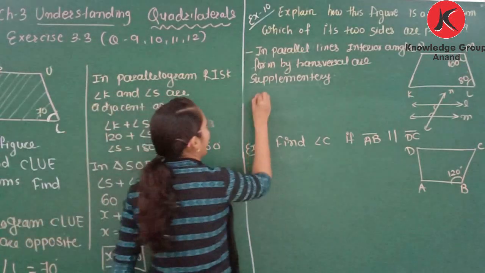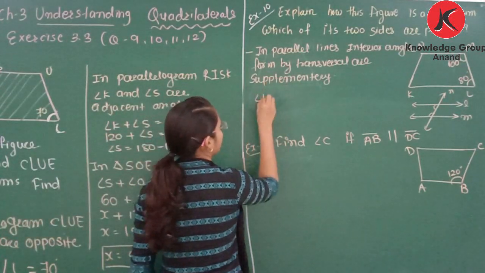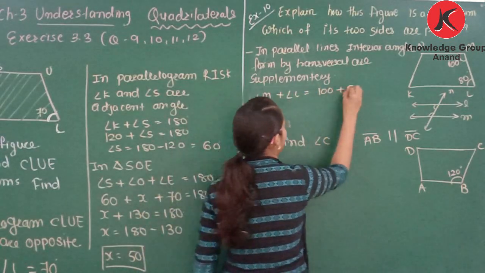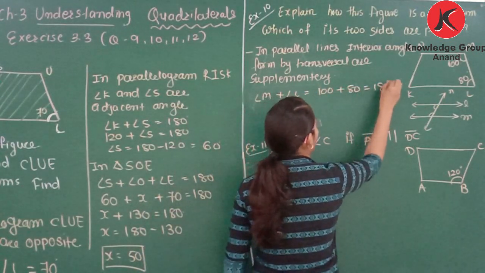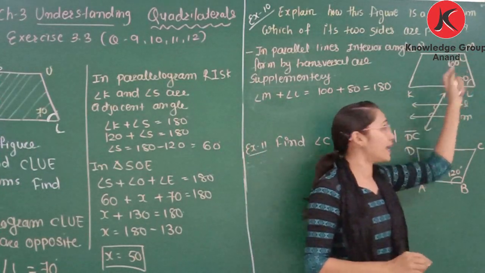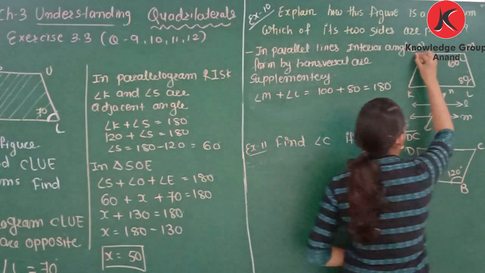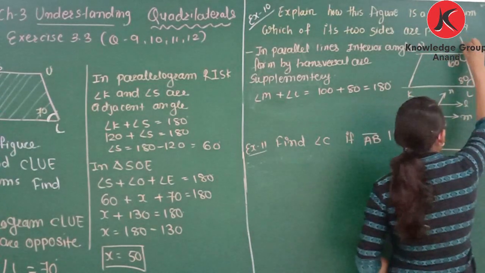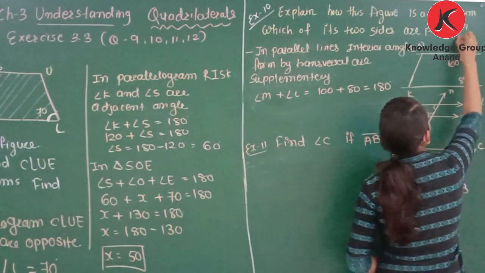So we can write angle M plus angle M, that is 100 plus 80 is equal to 180. Means these two interior angles are supplementary. So MN and KL will be parallel lines, and this line can be considered as a transversal.